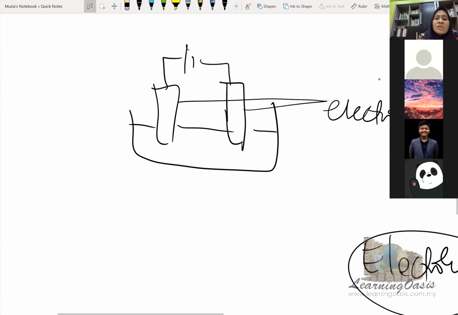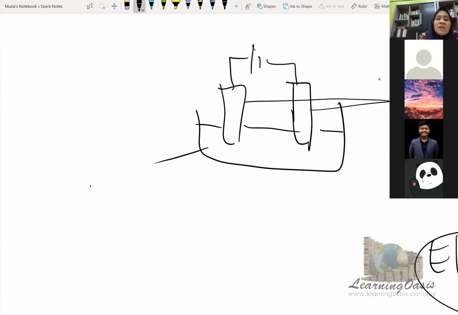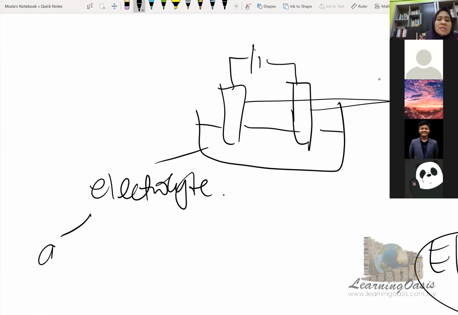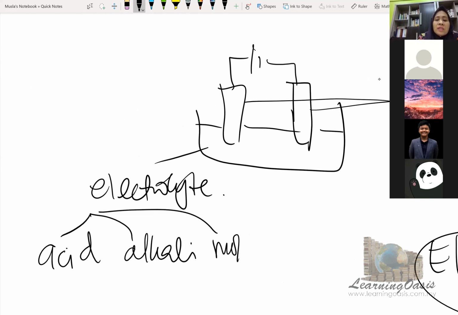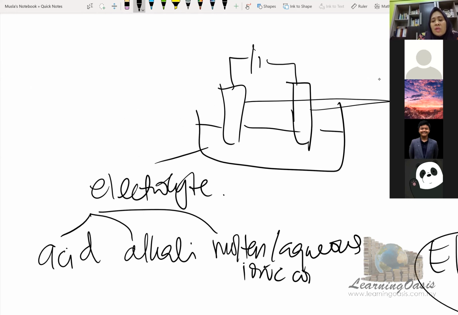Now you have electrodes, and then you have the electrolyte. The electrolyte can be either an acid or alkali, or a molten or aqueous ionic compound.